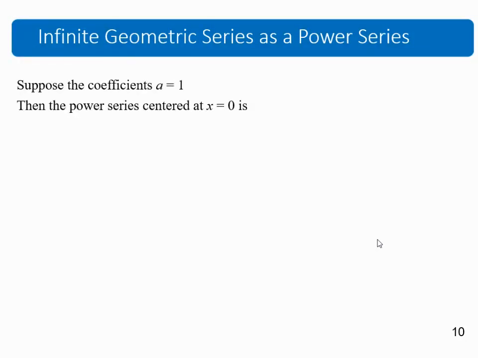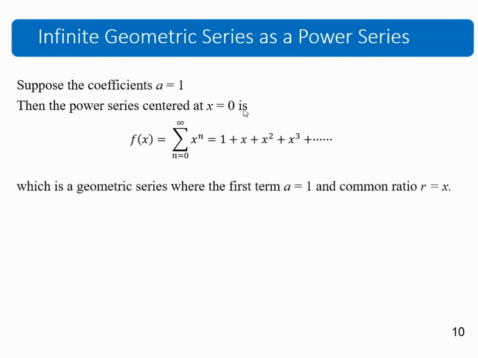So one power series that we had looked at earlier was a special infinite geometric series. So let's say that we have a power series where our coefficients an, all of them equal 1. And also that the power series was centered at x equal to 0.